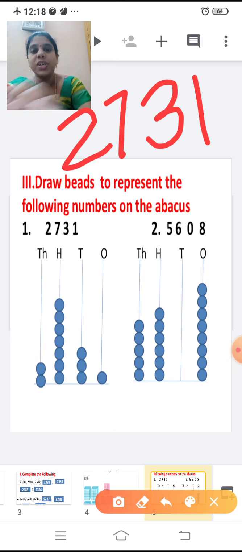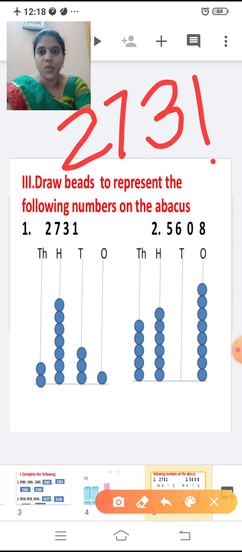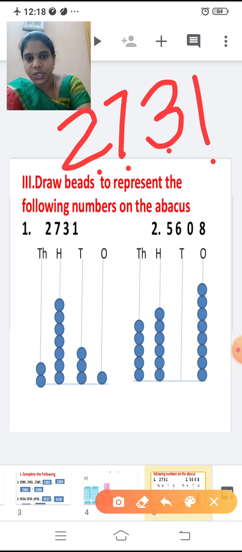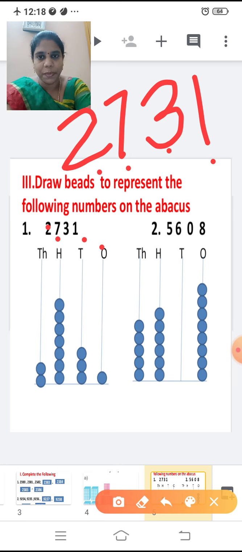Now, just see we have 1 in the ones place, 3 in the tens place, 7 in the hundreds place and 2 in the thousands place, isn't it, children? So now what we have to do? O represents ones, T represents tens, H hundreds, TH thousands. Shall we draw beads now?